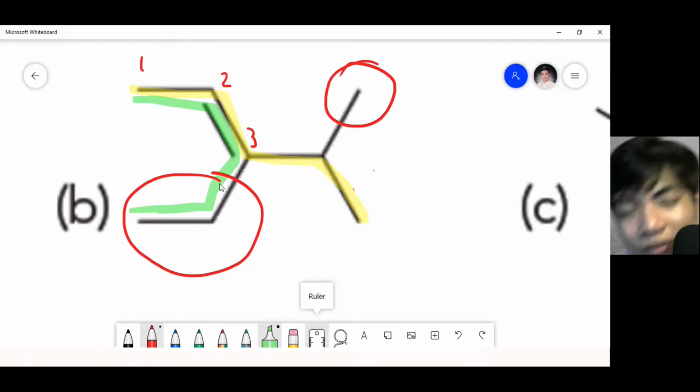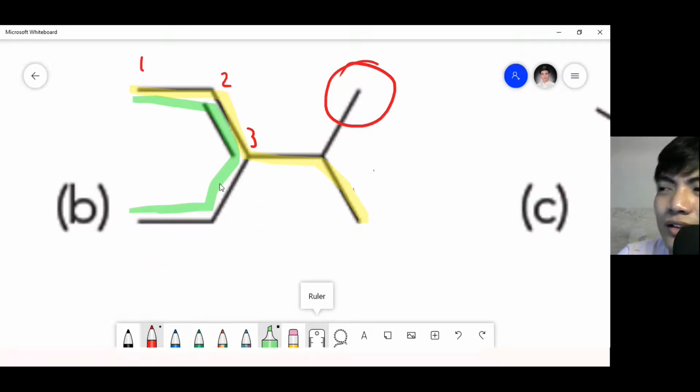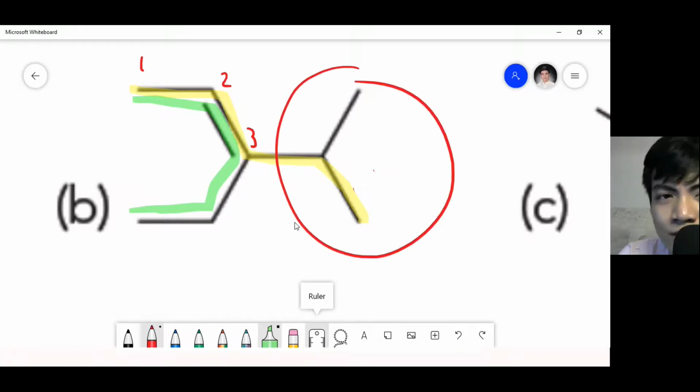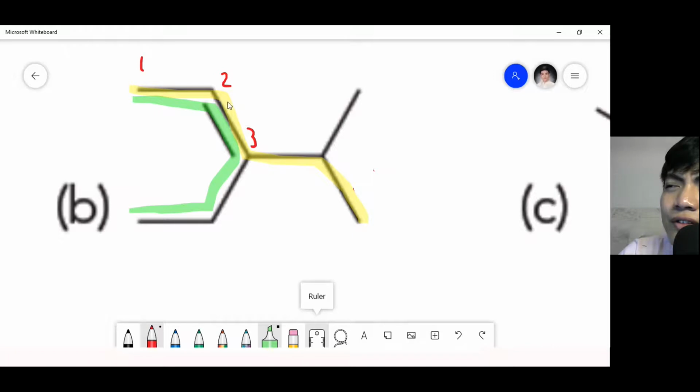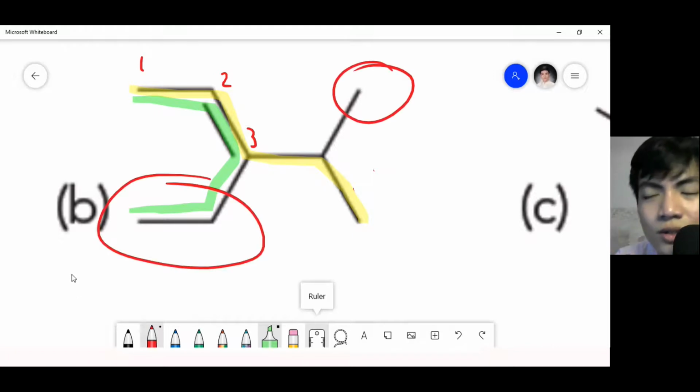Yun yung idea when you identify the parent chain. Okay? Again, although they are both 5 carbons, we will choose the yellow one instead of the green one. Because if you choose the green one, you will just have one substituent. However, if you use the yellow one, you will have 2 substituent, which is preferred. Okay?